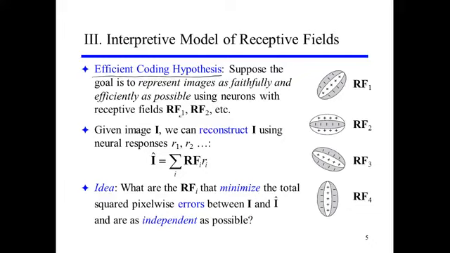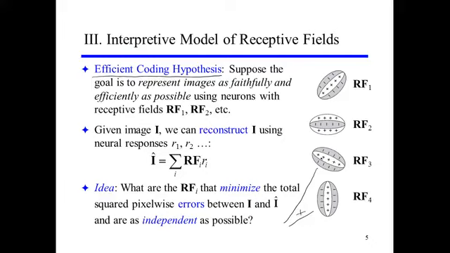Now these neurons have receptive fields RF1, RF2 and so on. So here are some receptive fields of neurons, and the question we're asking is, are these the best way or the most efficient way of representing images? And so how do we represent images using these types of receptive fields? Well, as an example, I can take these receptive fields RF3 and RF4, so let's take these two, and I can just add them.